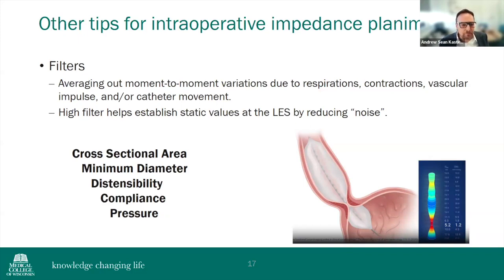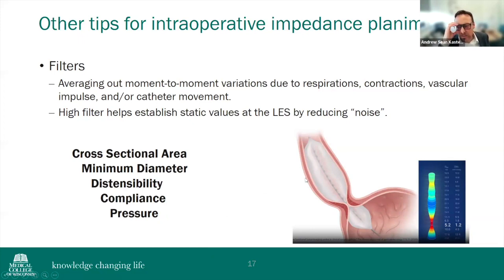If you put it on high filter, it filters out that noise and averages these static numbers over a period of time, I think about 30 to 40 seconds. And then you can get your cross-sectional area, your minimum diameter, your distensibility, your compliance, and the intrabag pressure as well.